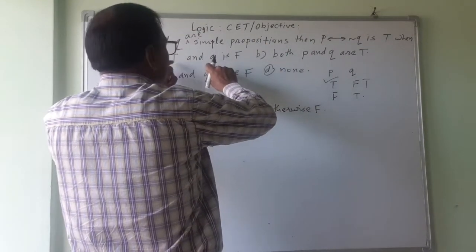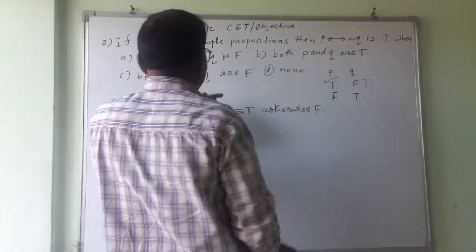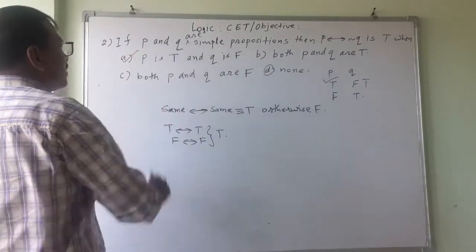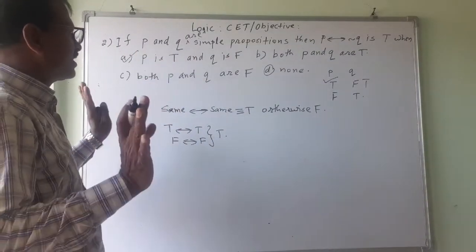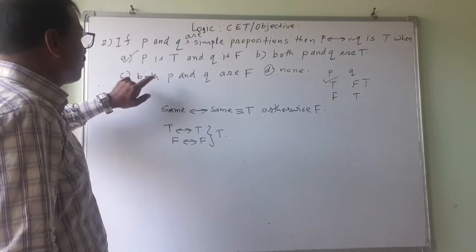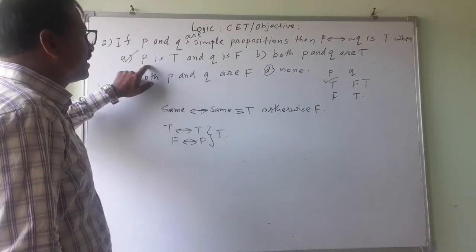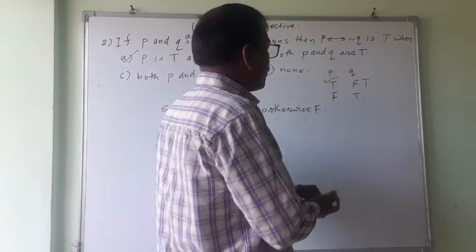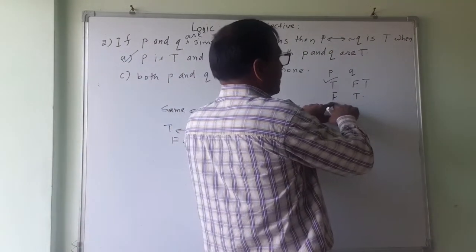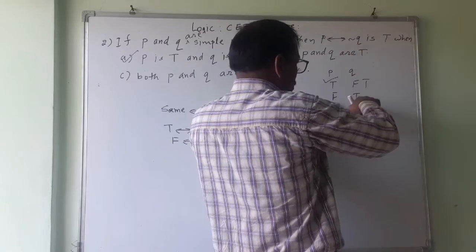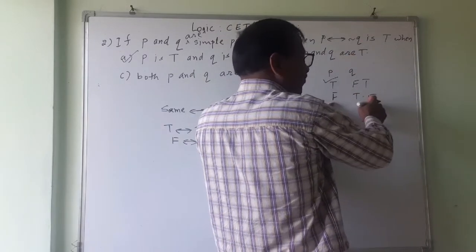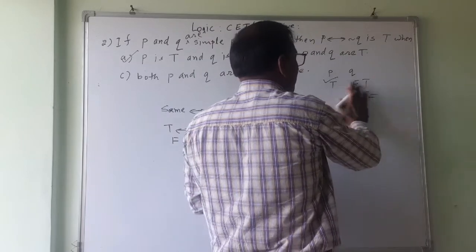So T, double implication T, same implies. This is one answer. If P is F, then Q should be true, and its negation will be F. Then FF it will come. So same implies same in that case.